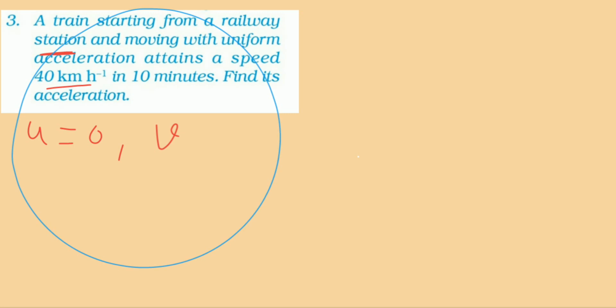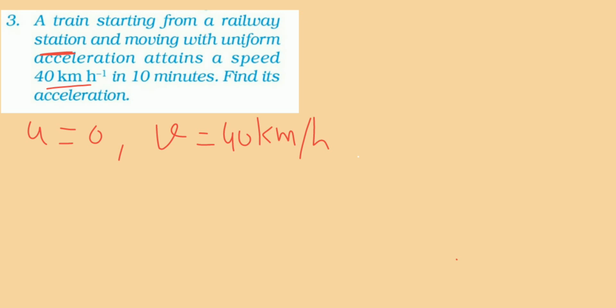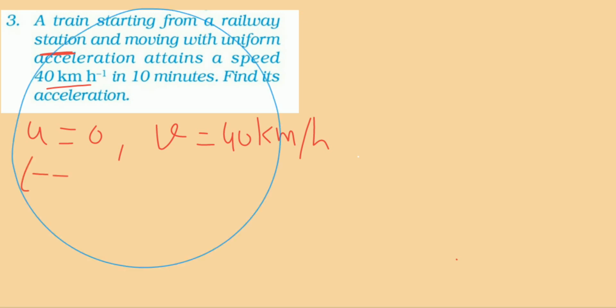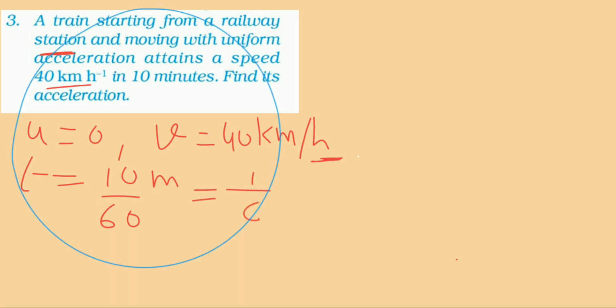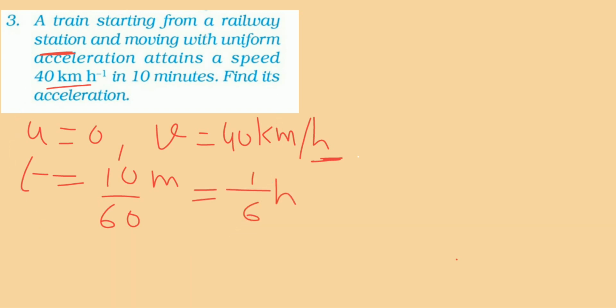V is given 40 km per hour in 10 minutes. Time is given in minutes, so we divide it by 60 to convert to hours, and it becomes 1 by 6 hour.